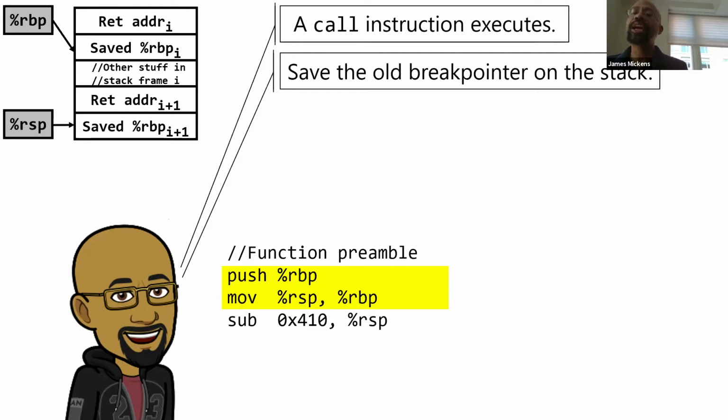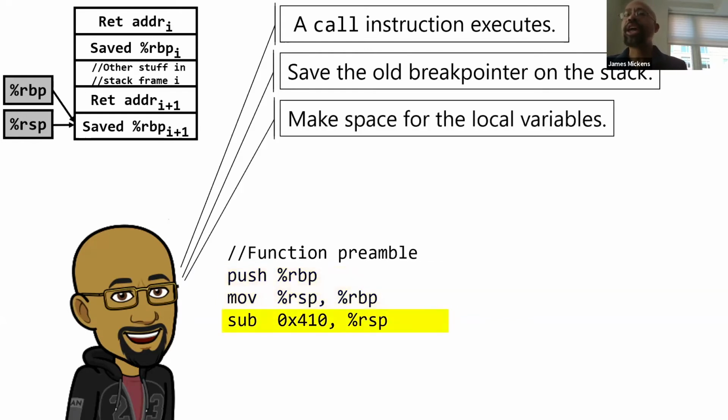And then the next thing we're going to do is update the location of the base pointer, so that now the base pointer points to the base of the new stack frame that we're trying to construct. Next, we're going to make space for the local variables in this new function. Remember, the stack grows downwards, so we're going to do a sub.